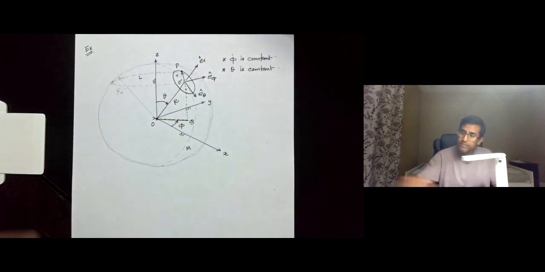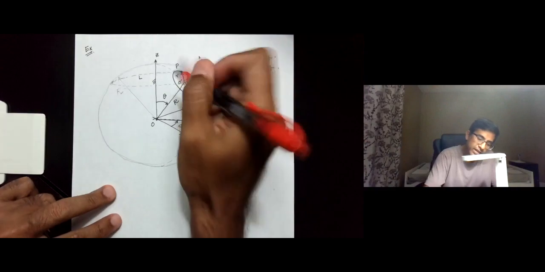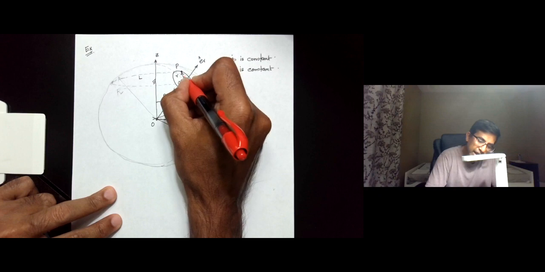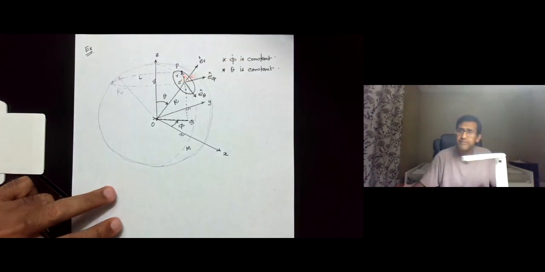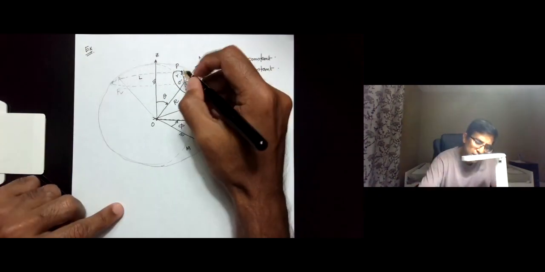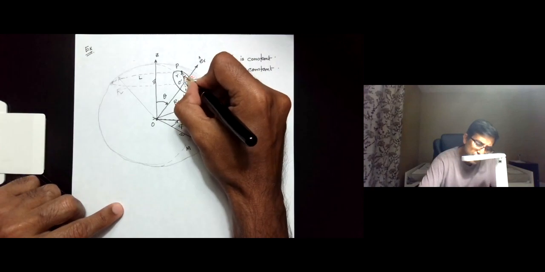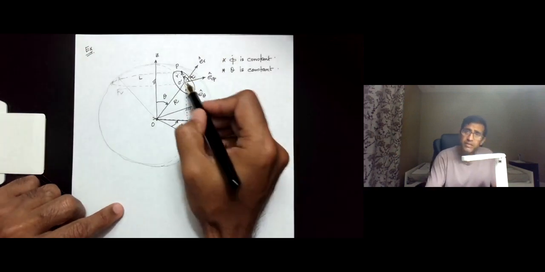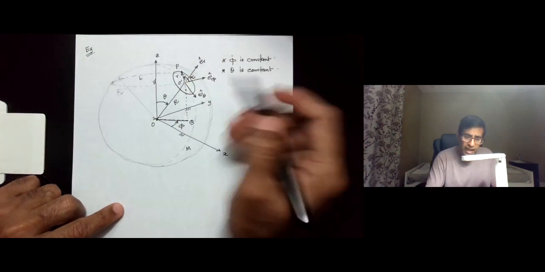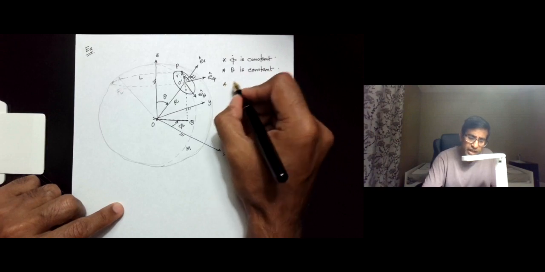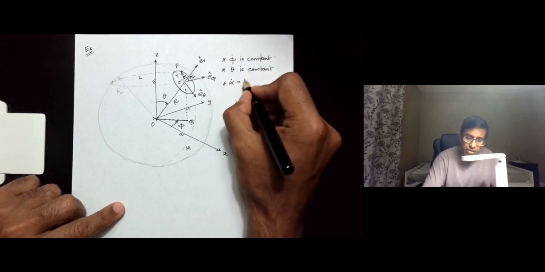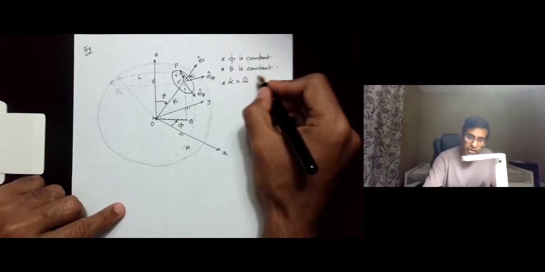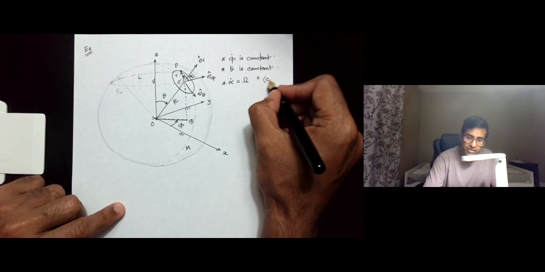Then at a given instant, the point P is making an angle alpha, and the spinning rate alpha dot is equal to capital omega, which is also a constant.